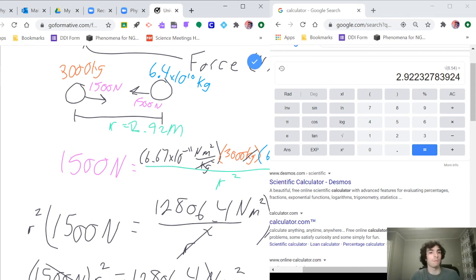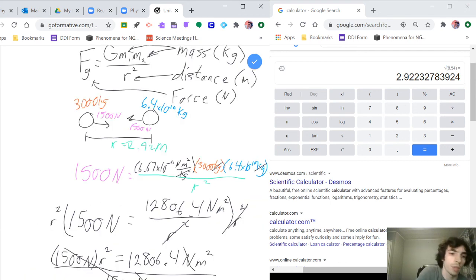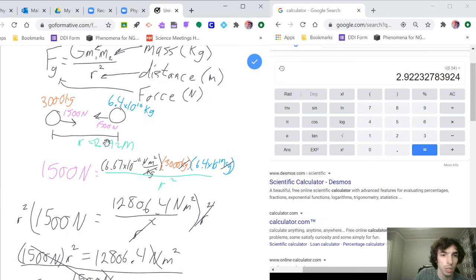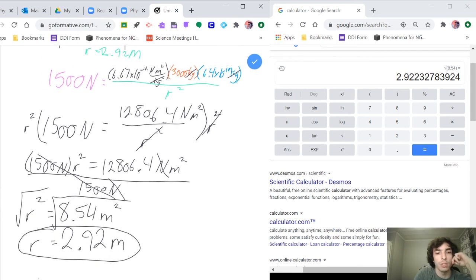And again, I think as a big takeaway, if you make sure that everything that you plugged in initially in this step right here, where we plug into this big troublesome equation, if all of those units that you plugged in are in these base units of newtons, meters, kilograms, you don't necessarily have to give yourself headaches on what the final units for your answer are going to be.